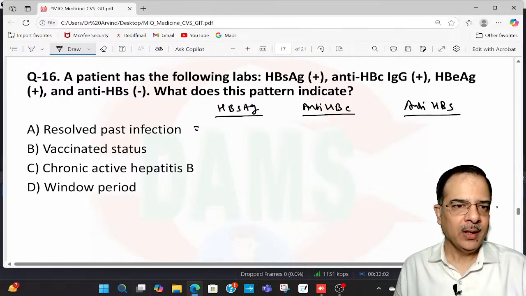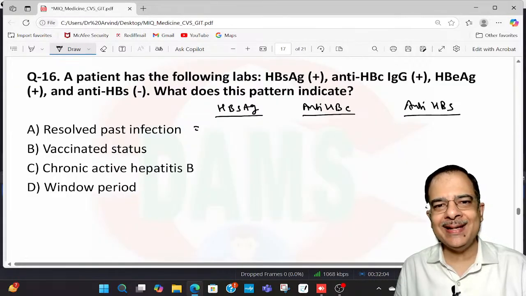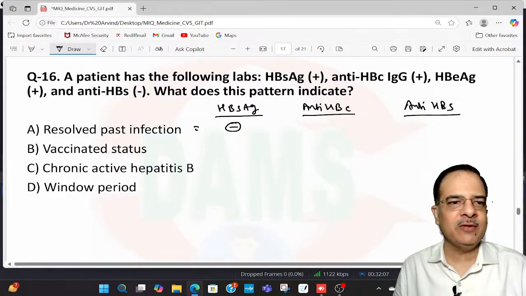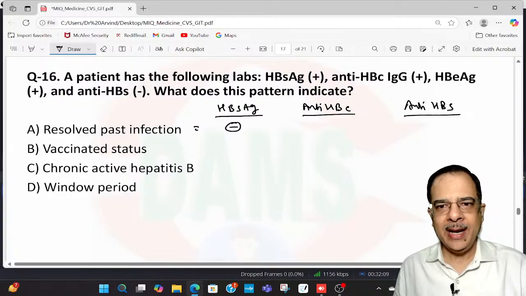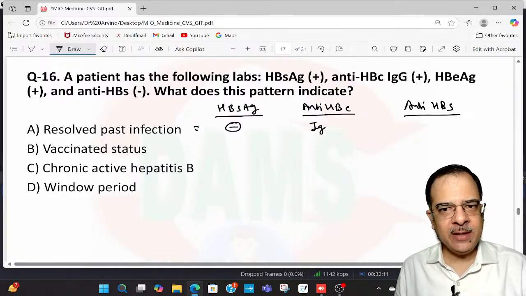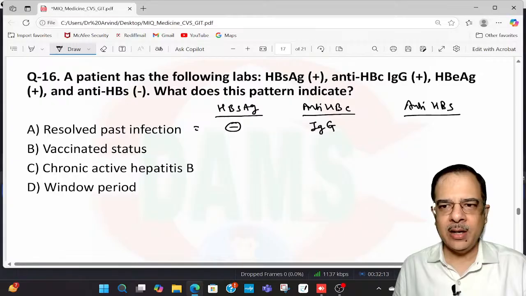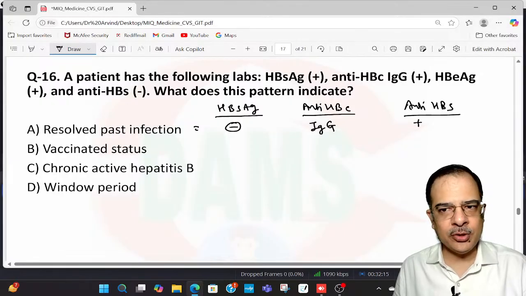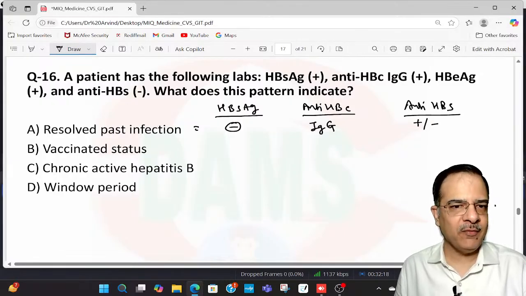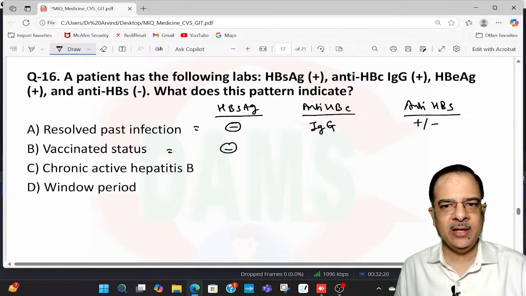Resolved past infection means the virus is not there, so HBsAg will be negative. It is resolved. Anti-HBc will be of IgG type, and anti-HBs can be positive or negative. Now vaccination status: anti-HBc is negative, and anti-HBs is positive.